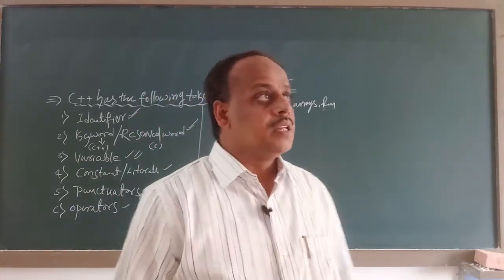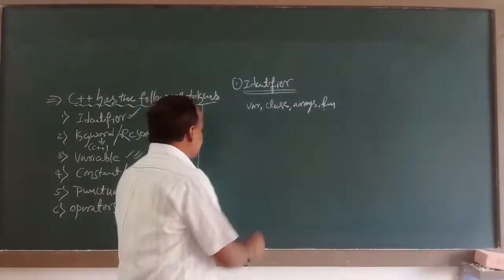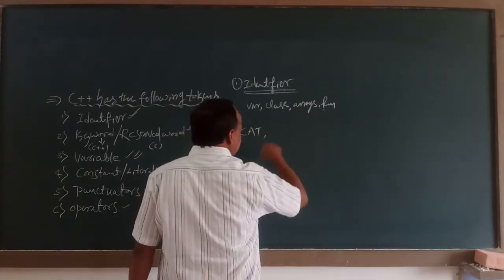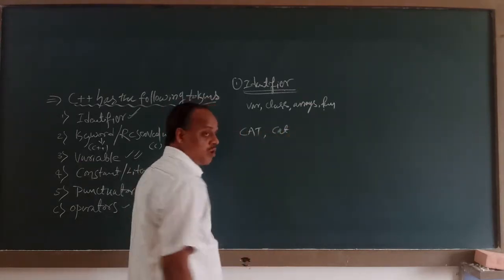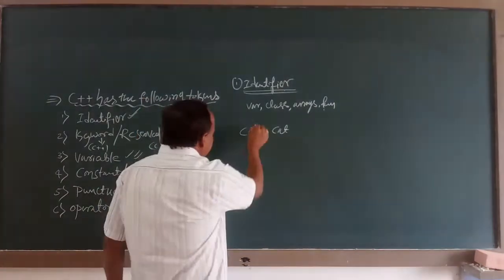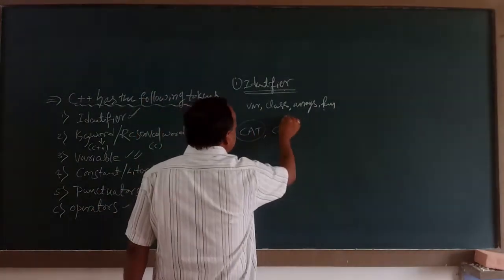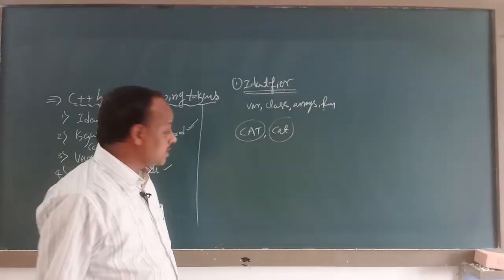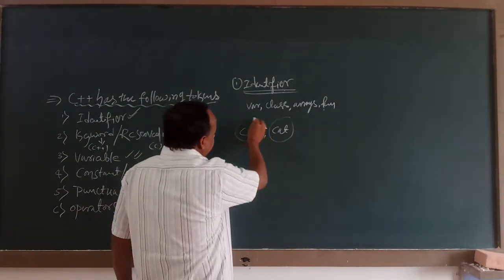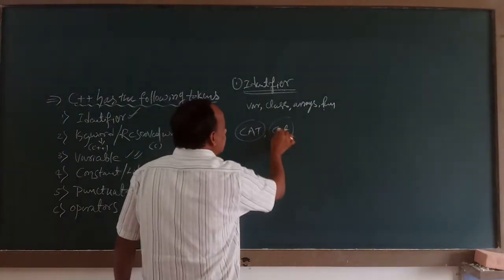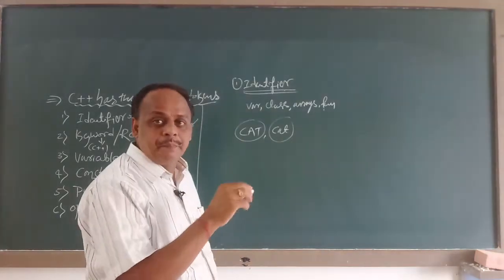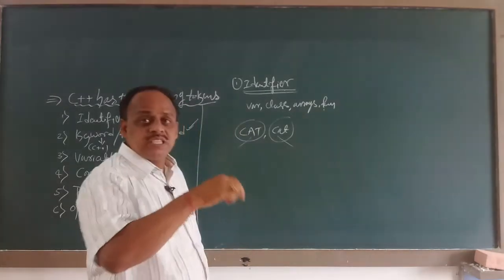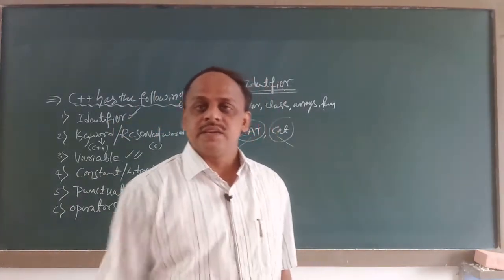Case sensitive means, suppose just consider a word called cat made up of capital letters, and next you consider the same word, cat, in small letters. This one is a word made up of capital letters, this one is a word made up of small letters. The C++ compiler is going to consider this one as different and this one as different. So this is what is meant by case sensitive.